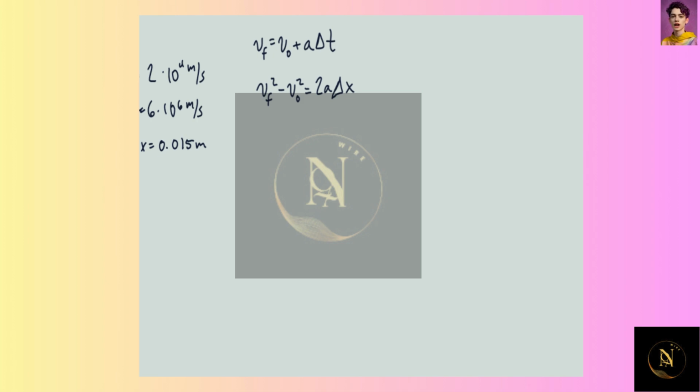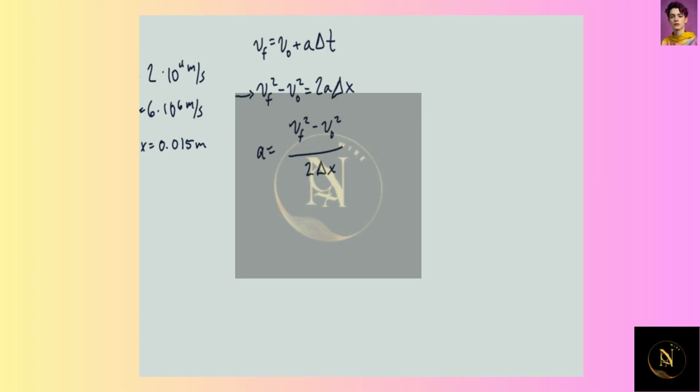So what if we calculate the acceleration from the second equation? To do that, we would have the acceleration equals V final squared minus V initial squared divided by 2 times delta x. Well, we have V final, we have V initial, and we certainly have the delta x.